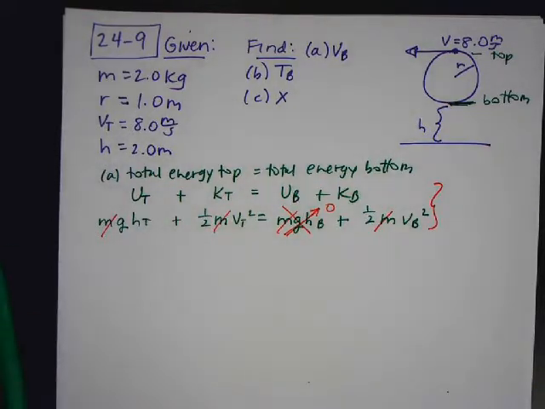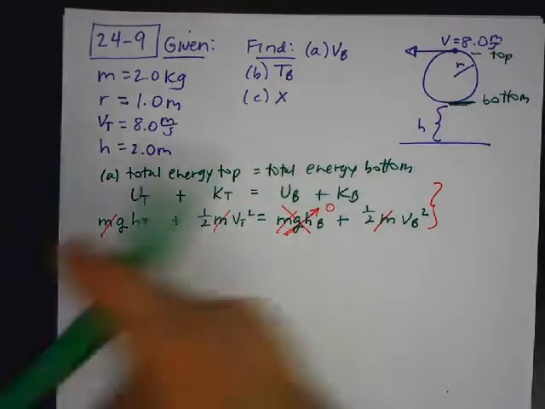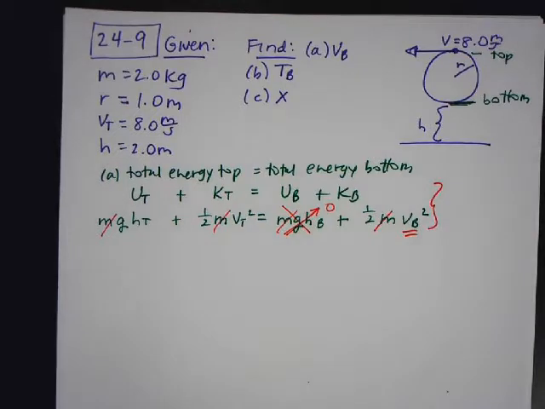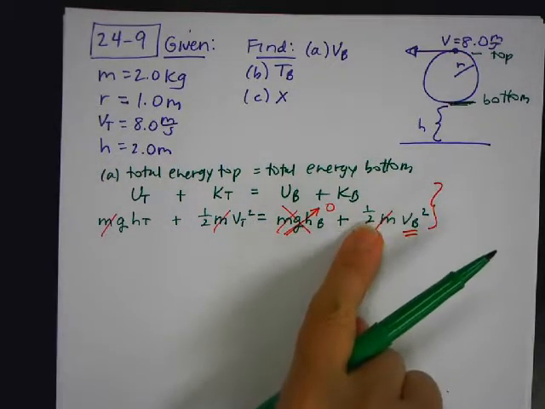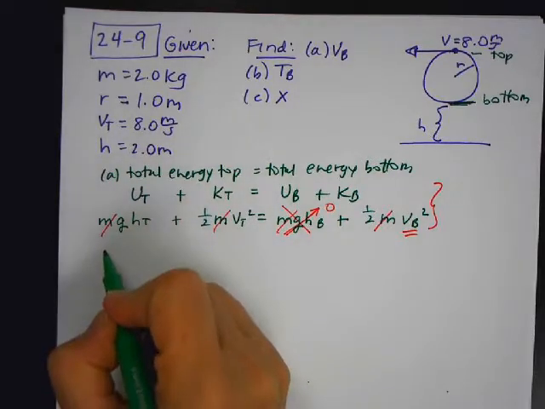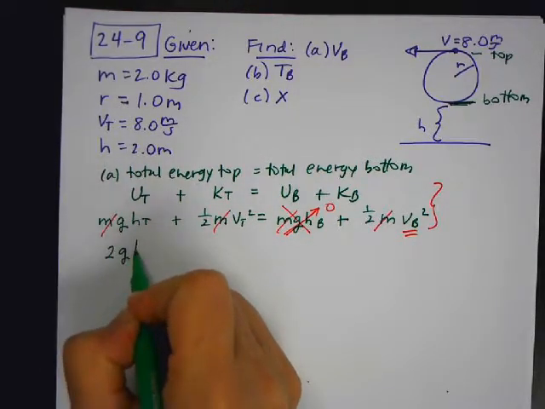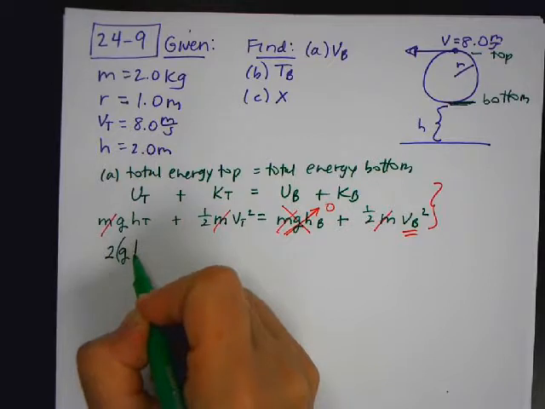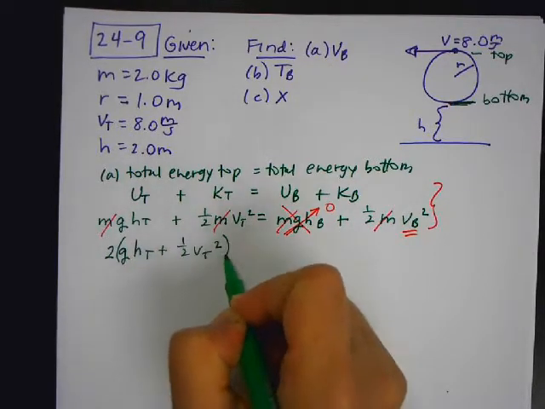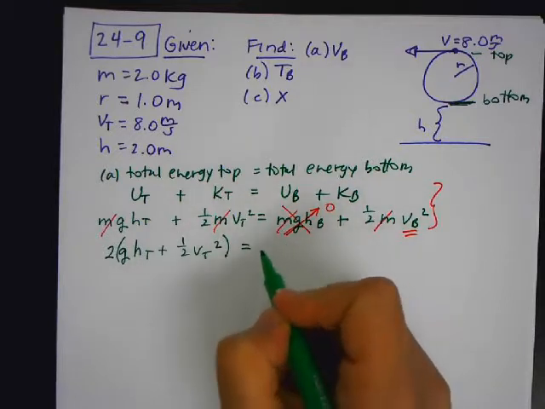My unknown here is VB. So I would maybe multiply everything by 2. You don't have to do that. But so 2 times gHT plus 1/2 VT squared is equal to VB squared.